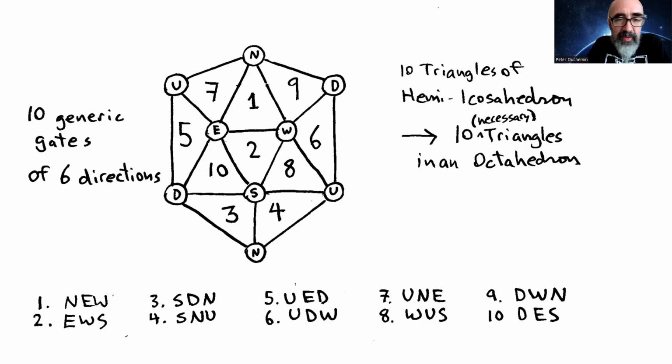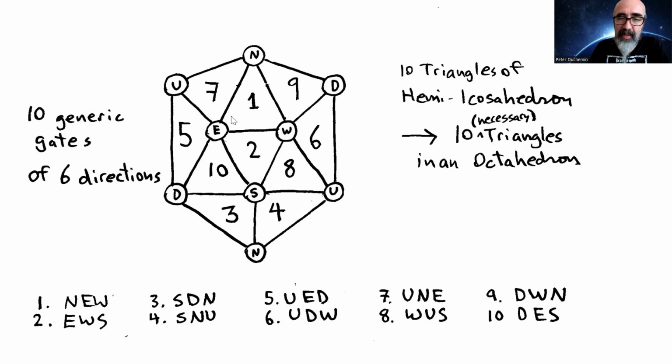And so it turns out that there will be 10 triangles made of 3 of these positions that will be gates. So inside of the octahedron, there are 10 triangular gates, and I have numbered them.